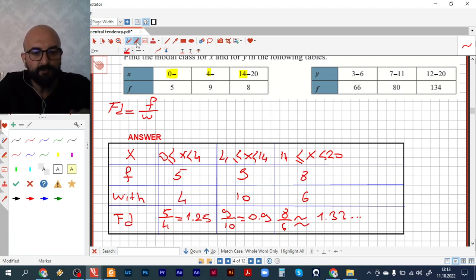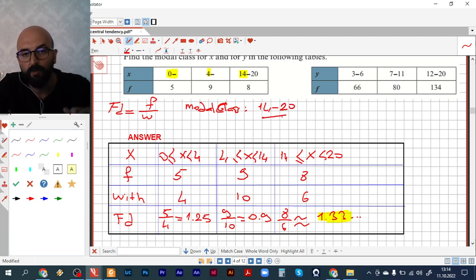The highest frequency density is in the last group, so our modal class for this table is the third class, between 14 and 20.